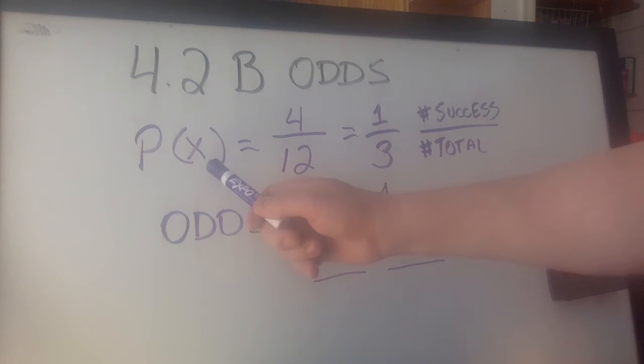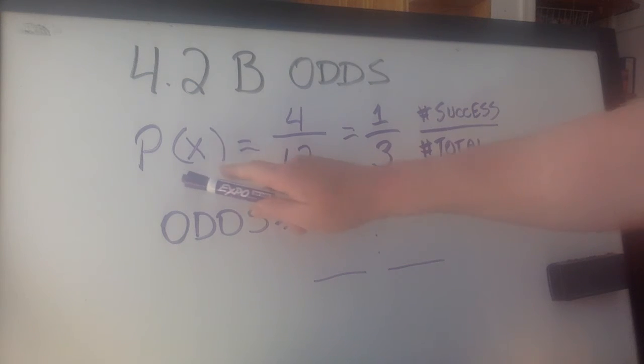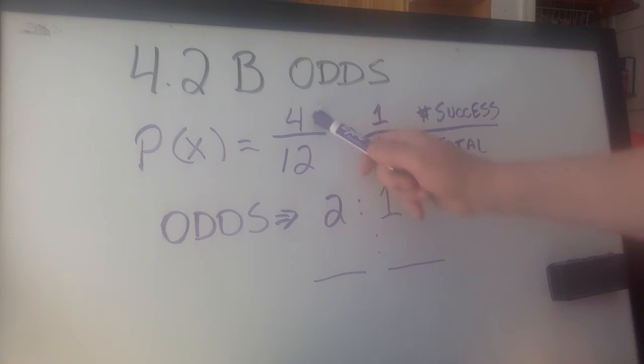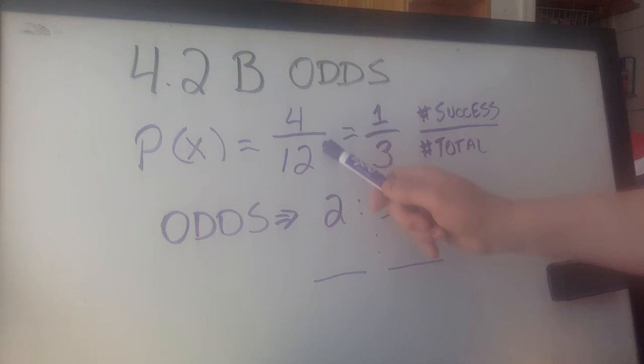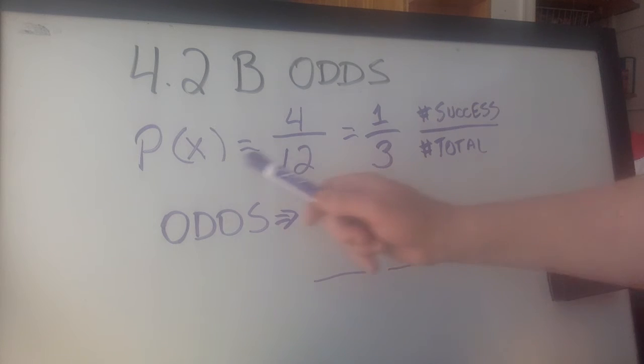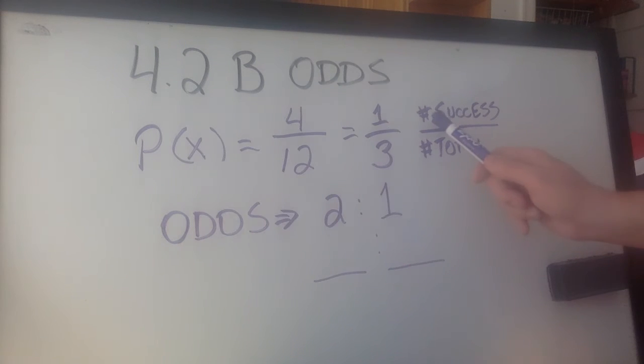Probability, I have an example here. Probability of something happening is 4 out of 12. Now, when we want to talk about odds, this might be the one time where I say, please reduce the fraction. So, 4/12 reduces to 1/3. Our definition of probability, that's the P, is the number of successes out of the total.